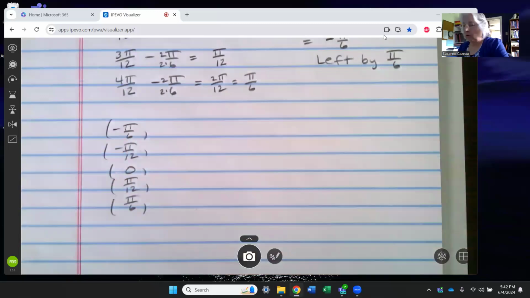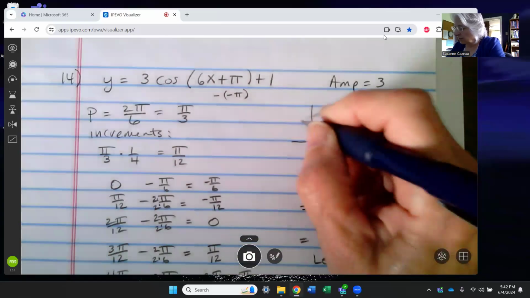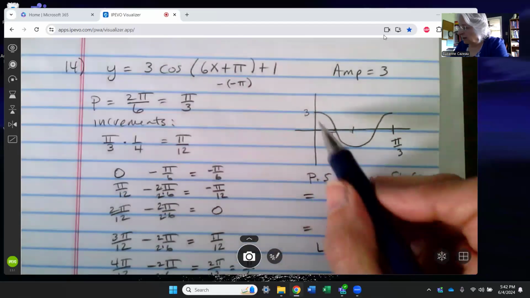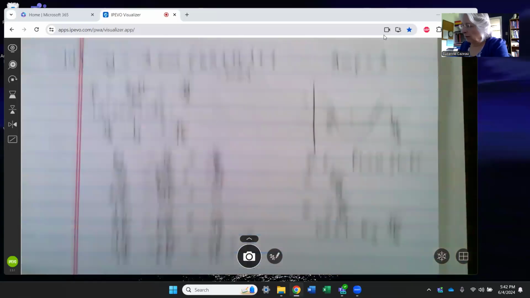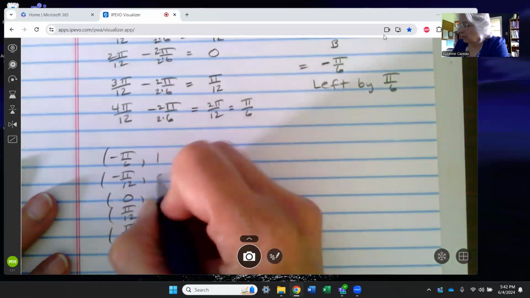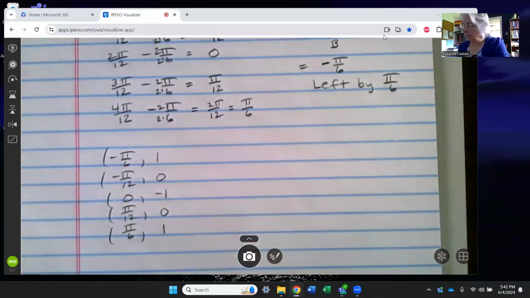Okay. Now, we started here at 3. So this was 3, right? So I'm just going to write down what they were initially. Initially, it's 1, 0, negative 1, 0, 1, for the basic cosine graph.